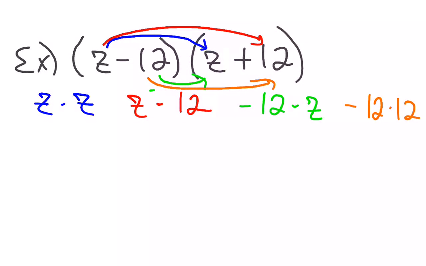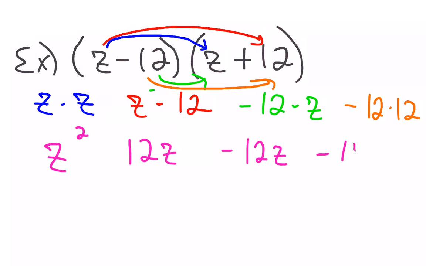All right, let's combine these. So z times z is z squared. Z times 12 is 12z. Negative 12 times z is negative 12z. And negative 12 times negative 12 is negative 144. So again, we want to combine the like terms, and the like terms are the middle terms again.